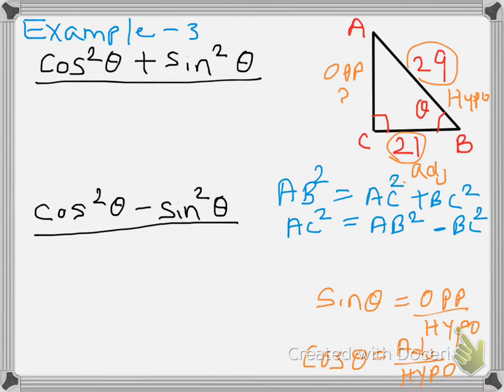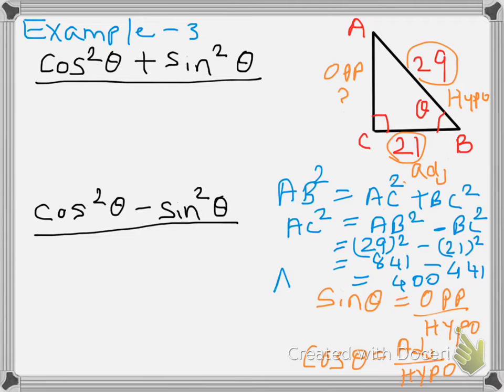Now we know the value of AB, which is 29 square, and BC is 21 square. So 29 square is 841 and 21 square is 441, which gives 400. So AC square is equal to 400.